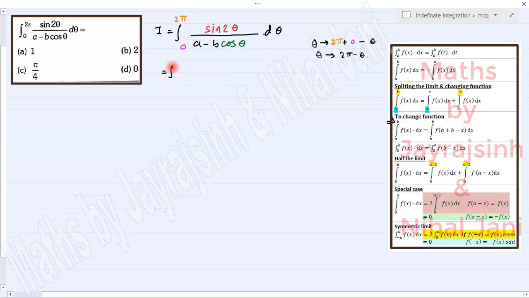So your integration and limit will be as it is. In the numerator, we will get sine 2 times 2 pi minus theta, or we can say we will get 4 pi minus 2 theta. And in the denominator, we have a minus b cos of 2 pi minus theta, right?